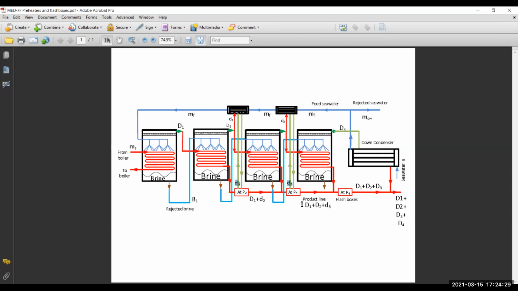That's why when we look at the leaving content here, it has D1 plus D2 plus small D3. So the small D3 is the small quantity that has left effect number 3, condensed in the preheaters, and then is added to the flash box. So that's just to have a look at this and see it.